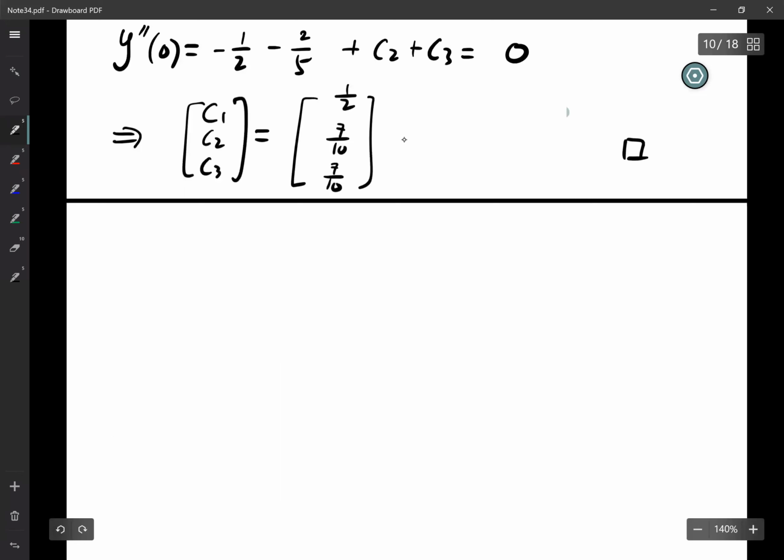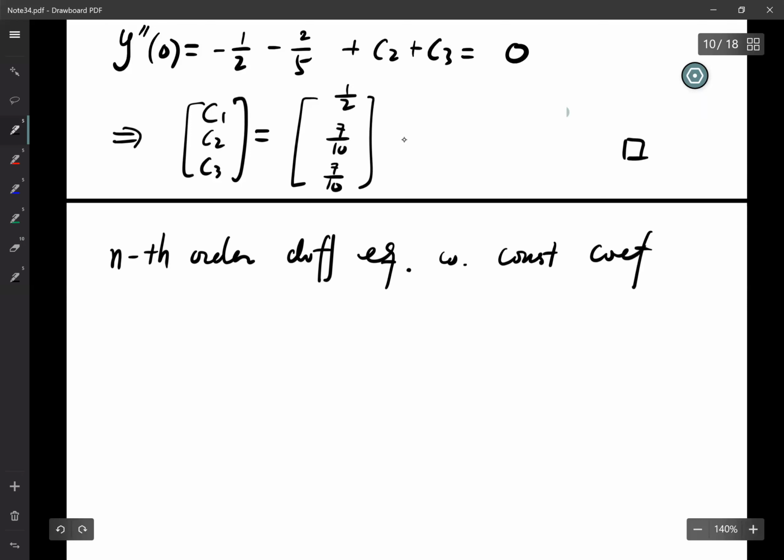Okay, so now you see I've solved the third order differential equations. I can talk about now nth order differential equations, constant coefficient, which is y to the n.